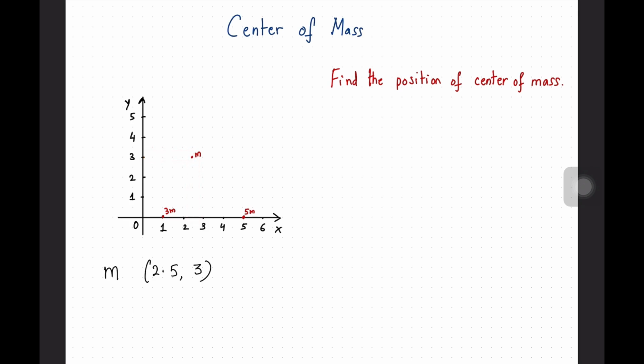It's 2.5 and 3. Then for 3m, it's 1 because it's on the x-axis, and on the y-axis is just 0. So 1, 0. For 5m, it's on the x-axis, so it will be 5, 0.